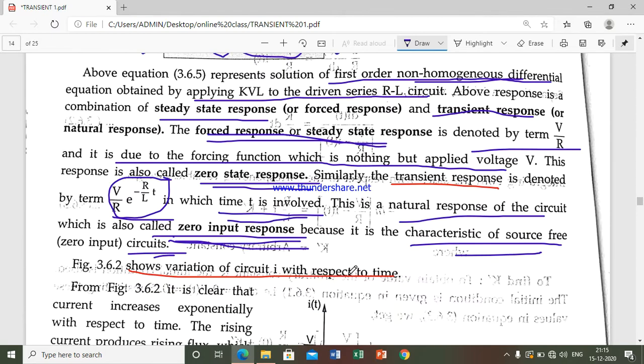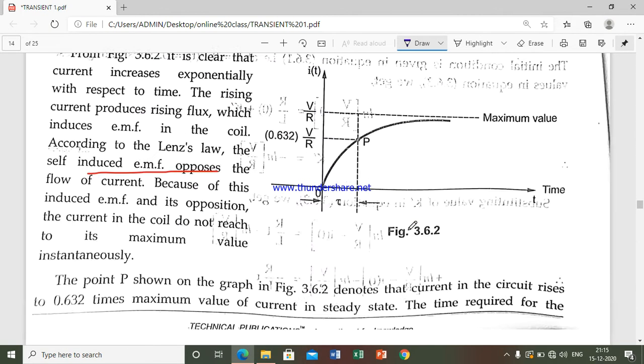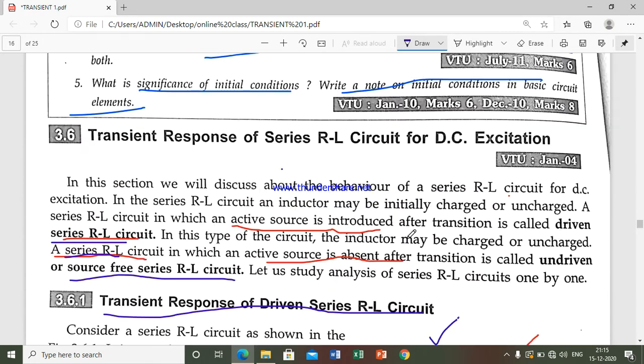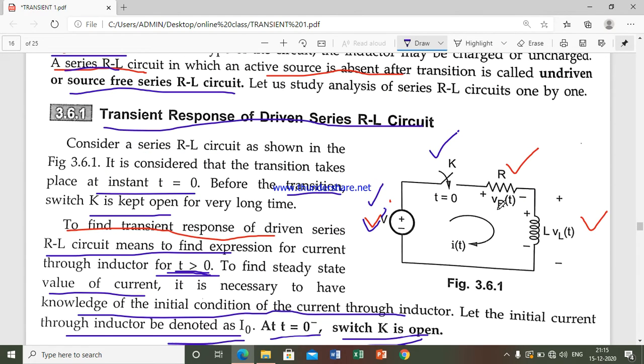So till now, whatever concept we have seen, we'll go through it once again. We have considered the circuit. Here you have the switch in series with the resistor R and inductor L, connected with the voltage source V, and we will switch on at the time instant t equal to 0.